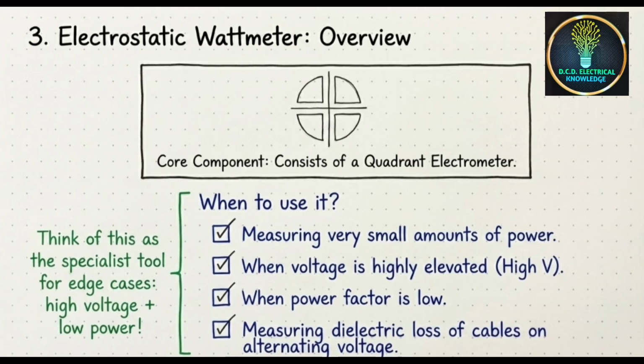Overview: the core component consists of a quadrant electrometer. When to use it: measuring very small amounts of power, when voltage is highly elevated, high voltage, when power factor is low, and measuring dielectric loss of cable on alternating voltage.